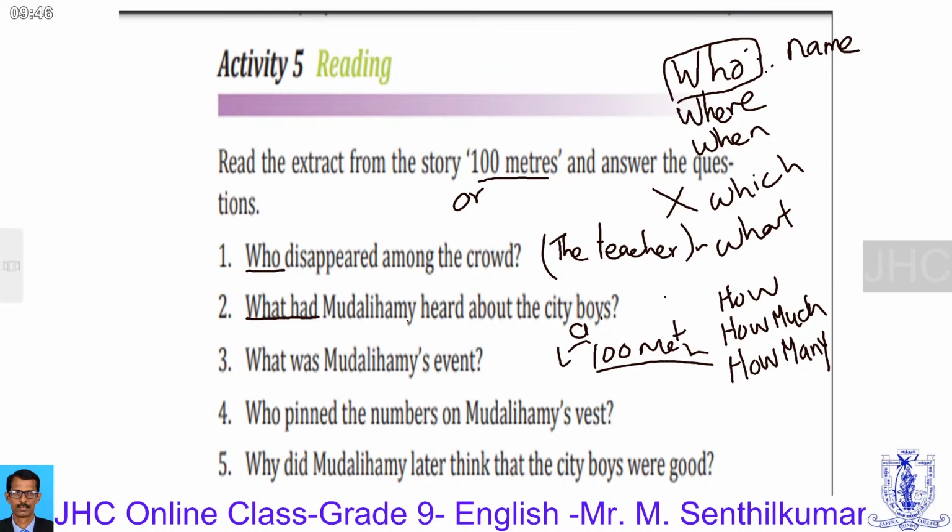In the exam, you say the exam is very easy. These are the mistakes. If you write 100 meters under a different section, Mudalihami is under 13. So you have to write under 13, 100 meters. Then only your answer is correct from the exam point of view. Now I am not teaching, I am guiding for the exams. Right? Okay, in the reading, continuously in the textbook, I am covering that.